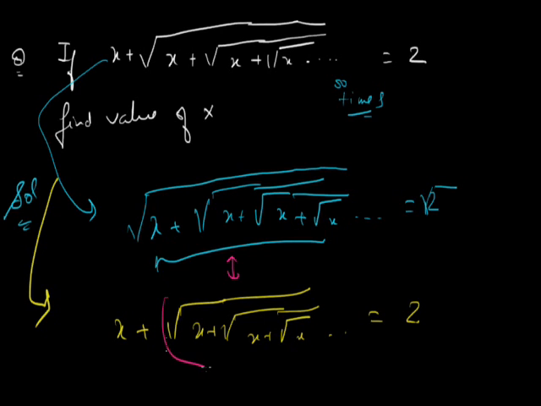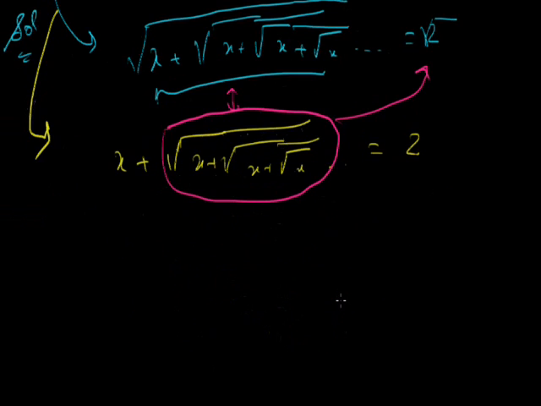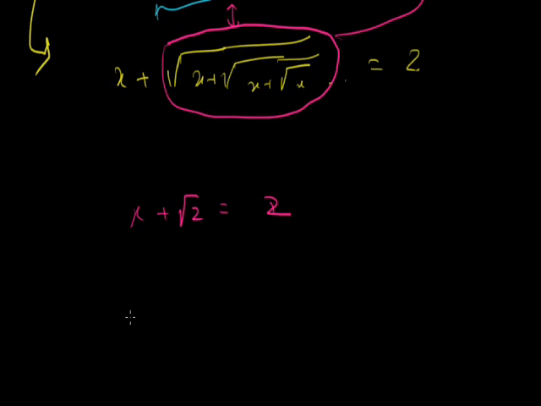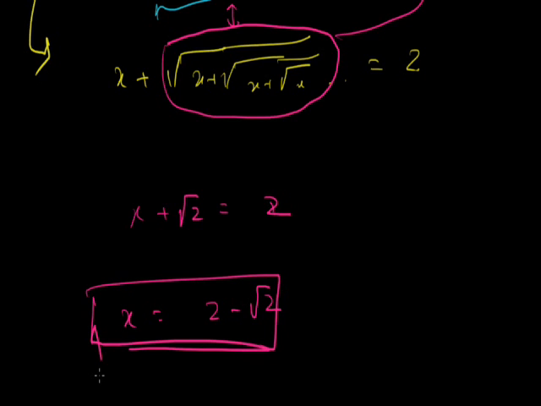The value of this quantity is now root 2. So x plus root 2 is equal to 2, and I can say immediately x is equal to 2 minus root 2. Hence the solution is x equals 2 minus root 2.